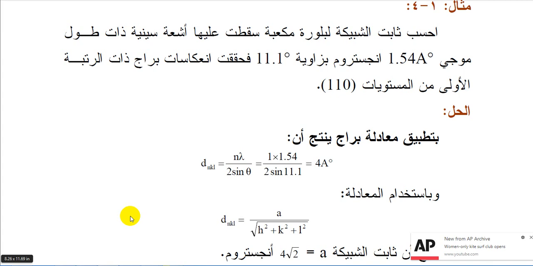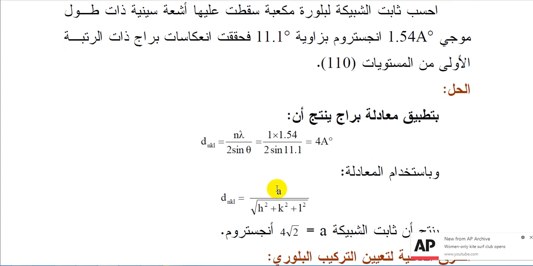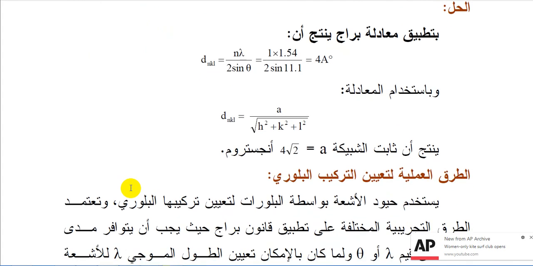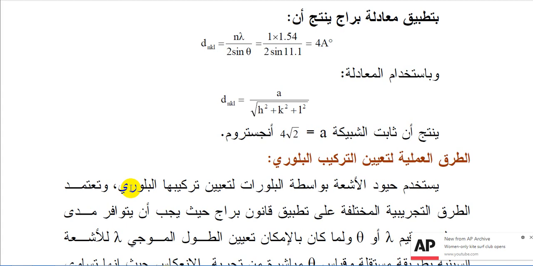By using the equation DHKL = a / square root of (H squared + K squared + L squared), we get a lattice constant of 4 square root of 2 angstrom. This is the lattice constant, also termed the cubic cell lateral length.